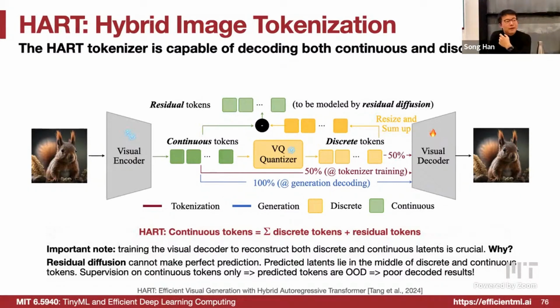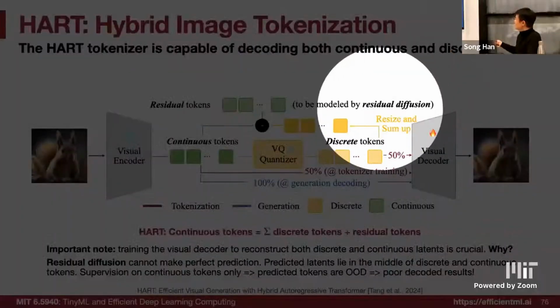You can imagine it's very difficult for us to learn those fine-grained details purely from these kinds of discrete tokens. Okay, so we can offload the difficulty of learning those fine-grained details to a very small diffusion model. Okay, we call it residual diffusion.